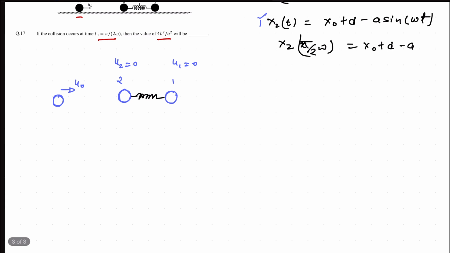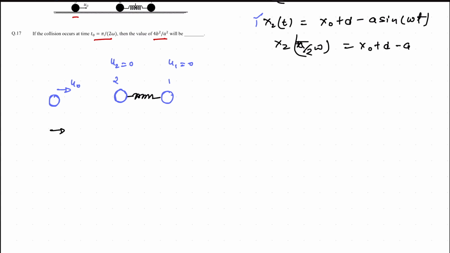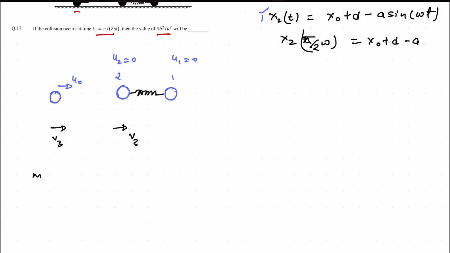So let's apply. After the collision they are moving with velocities v3 and v2, as we did in the previous. So we can say m v2 plus m v3 is equal to m u0. Why? Because only this one has velocity, this one does not have velocity, that's why that term became 0.